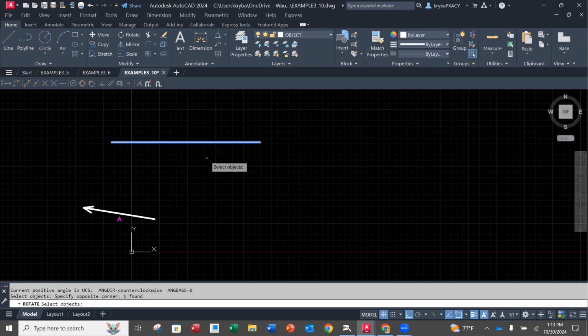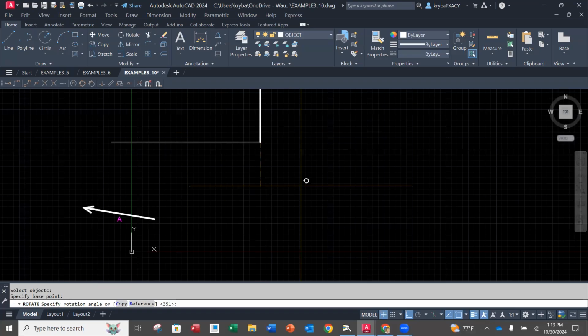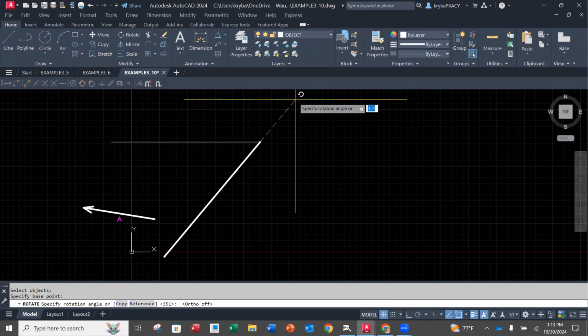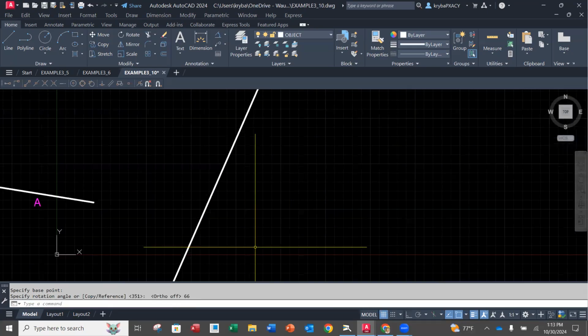So I'm just drawing mine vertical or horizontal, and then I am rotating to the angle it needs to be. So it's going to be 66, isn't it? Okay.